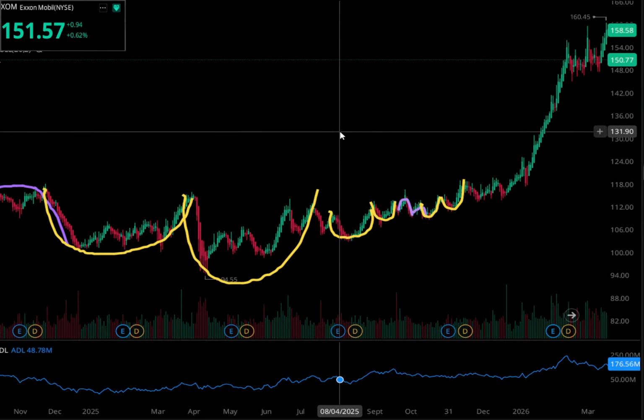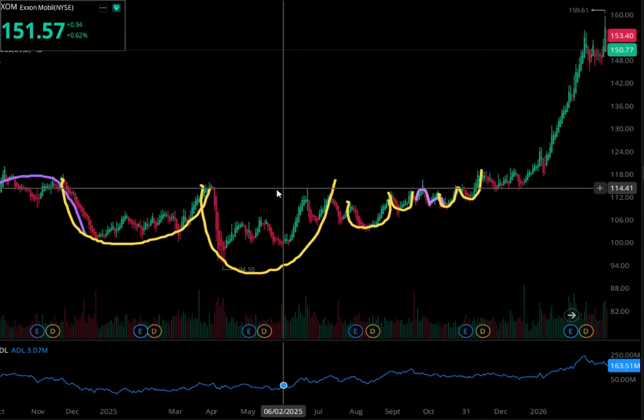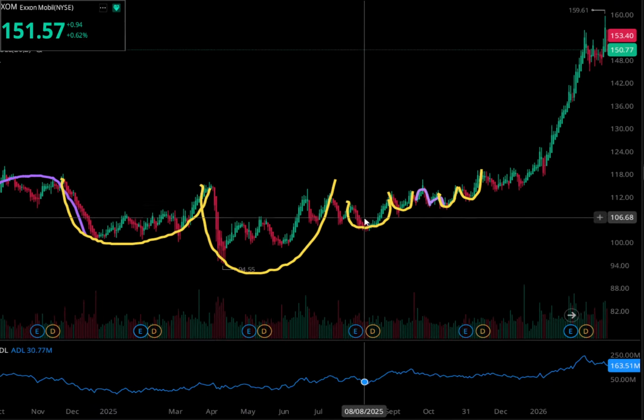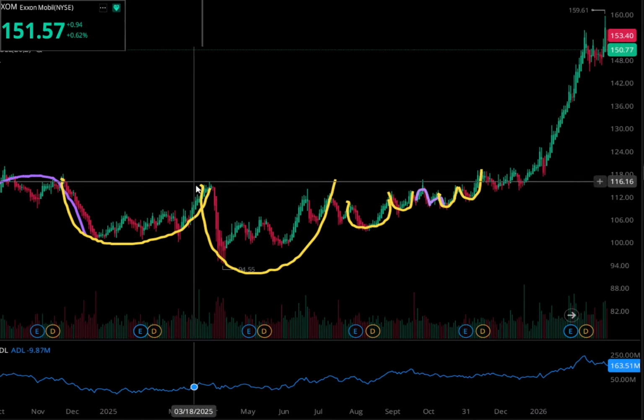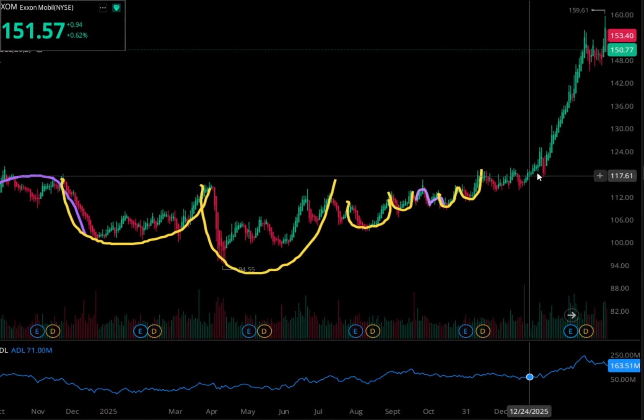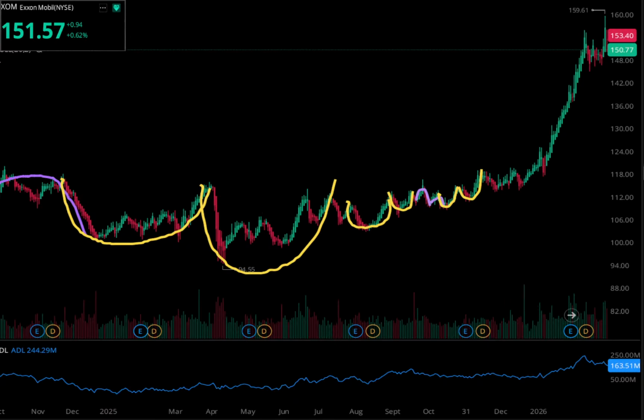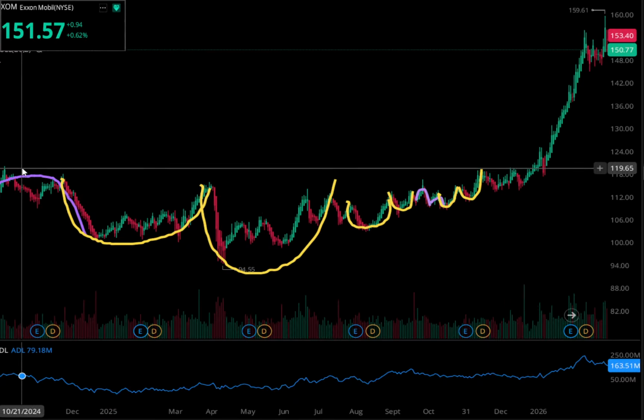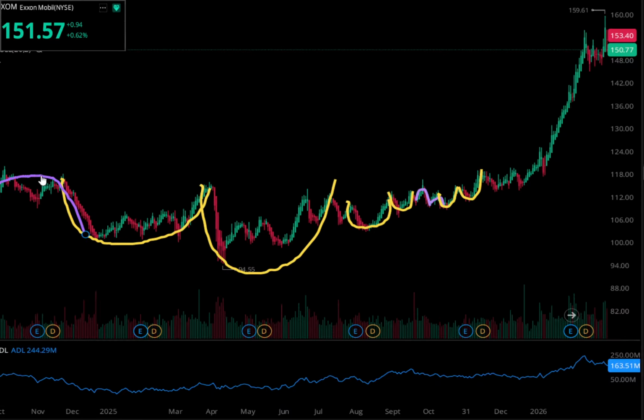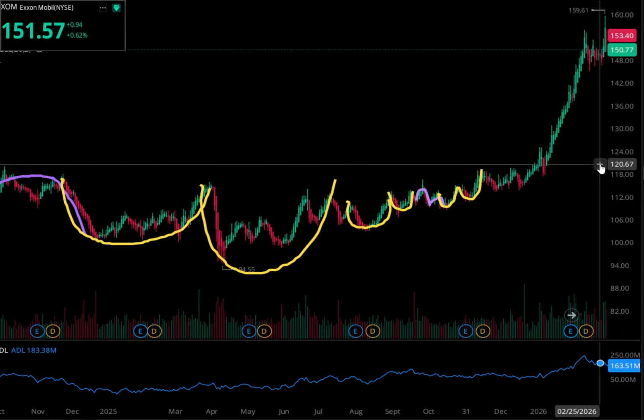Okay. We can see that on XOM here, we're starting to see a lot of the yellow cups. Now, when I'm drawing my cups, I draw the bullish cups as yellow. You can do whatever color you want, whatever works for you. And I use the bearish cups as either blue or purple.